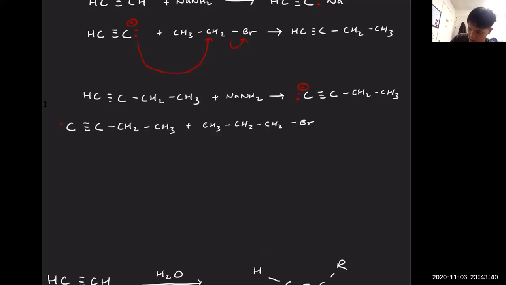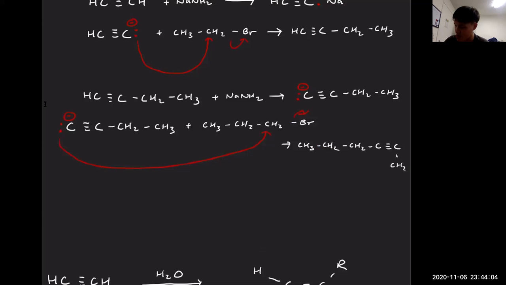And then let's do the nucleophile here, and then the reaction mechanism. That attacks the C, this one goes out, and then we make, sorry, this is gonna be a little bit messy, CH3, CH2, CH2, C, C, and then I'll put it down here, CH2, CH3, right?